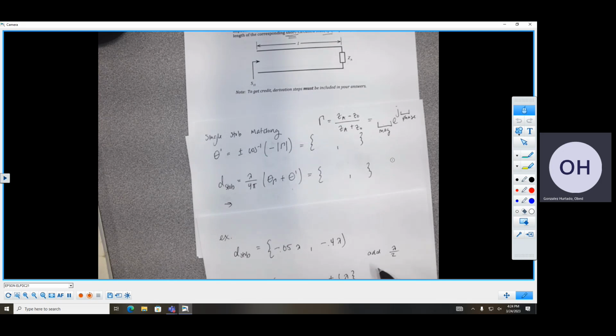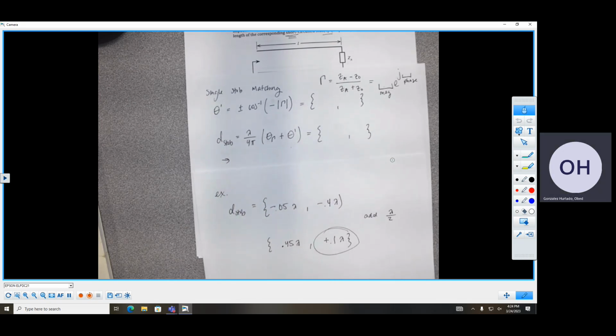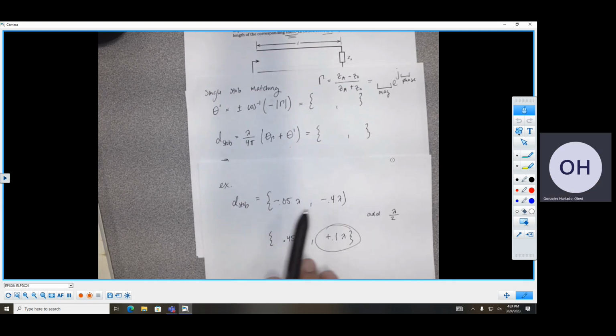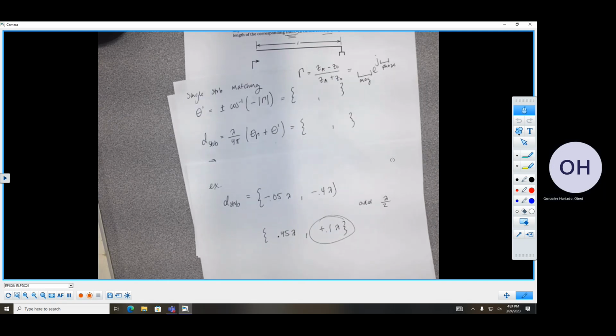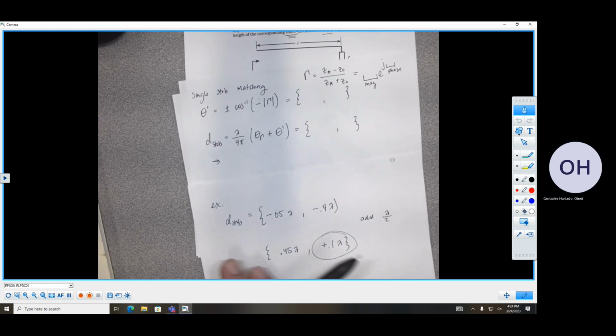And then from here, we'll take the shortest one. So, just an example. If we end up with something like this, then we'll take the smaller one. Make sure they're positive, by the way.